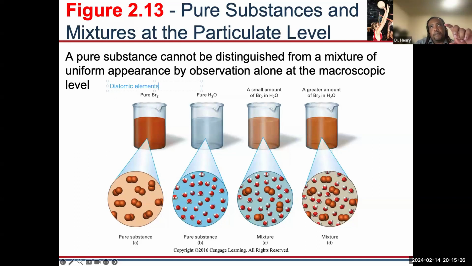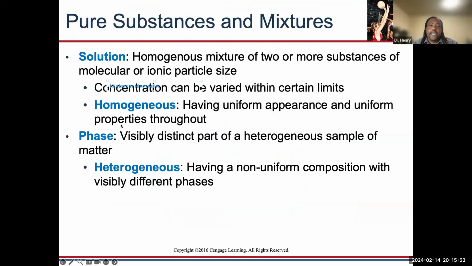So if it's all the same, all uniform, like for instance, this bromine, if we look at the image here, it's basically showing us that this is all uniform in appearance, the way that we look at it. Since it's all uniform in appearance, we would call that homogeneous. Okay. So homogeneous means uniform in appearance and properties throughout the whole thing.